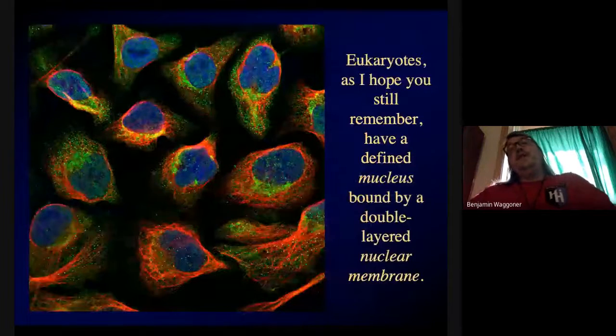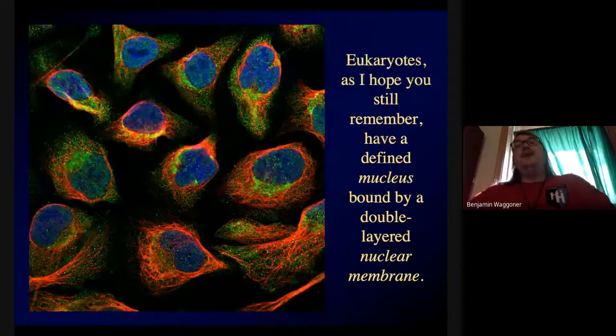Eukaryotes have a defined nucleus bound by a nuclear membrane. In this fluorescent image, the DNA has been stained blue, so those blue blobs in the middle, that's DNA in the nucleus, and there's a clear boundary between the zone where the nucleus is and the zone where it isn't.